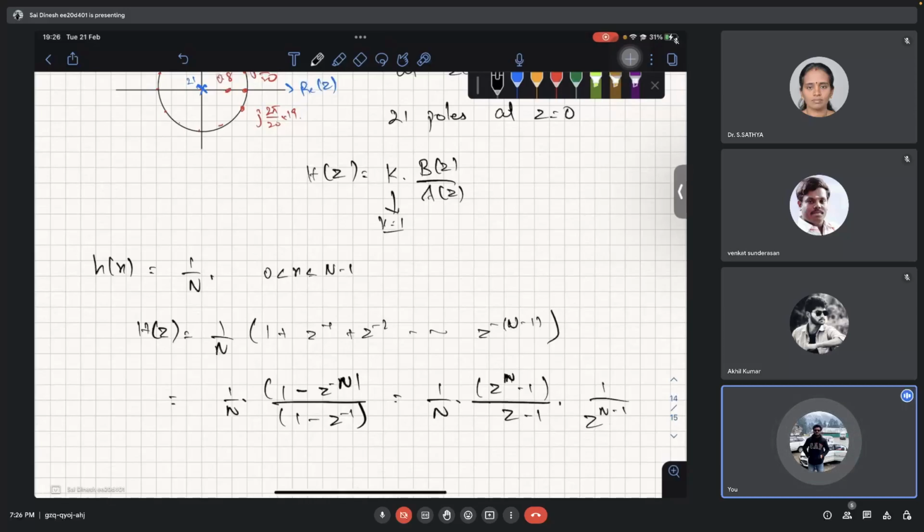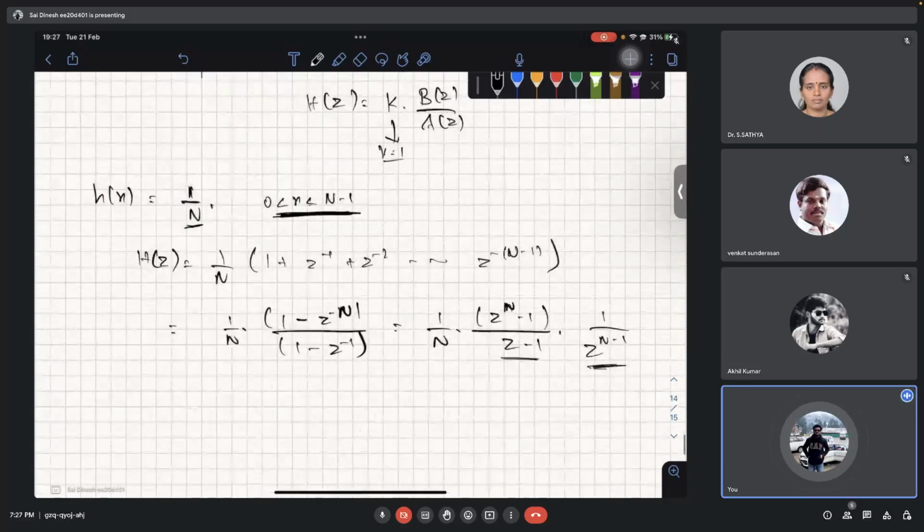So basically if we have a finite duration sequence of length N, from 0 to N minus 1, we have that many zeros and poles, and one pole at z equal to 1, and the rest of them are trivial poles.